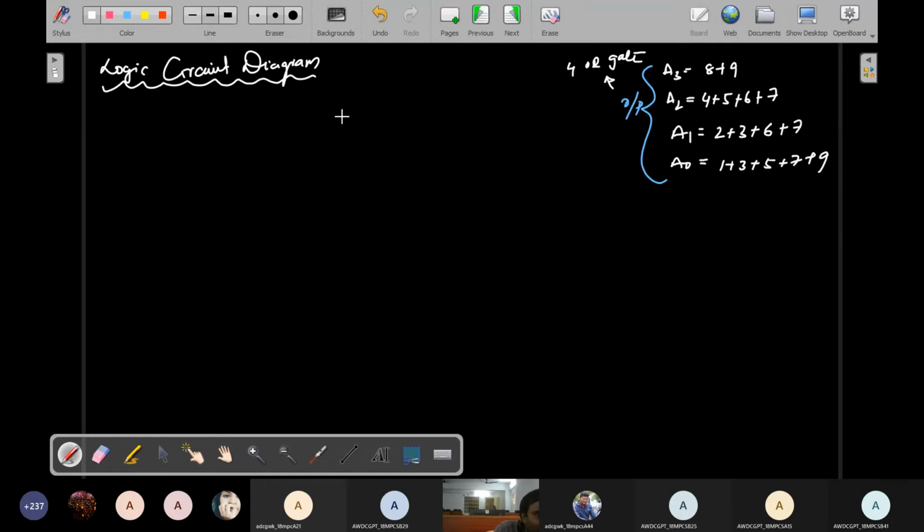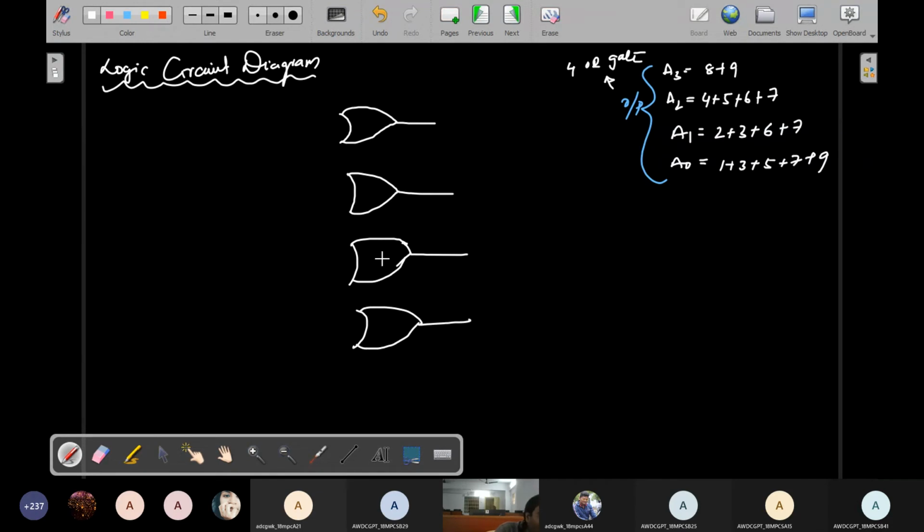Simply, this is one OR gate, and this is the second gate, and this is the third gate, and the fourth gate.